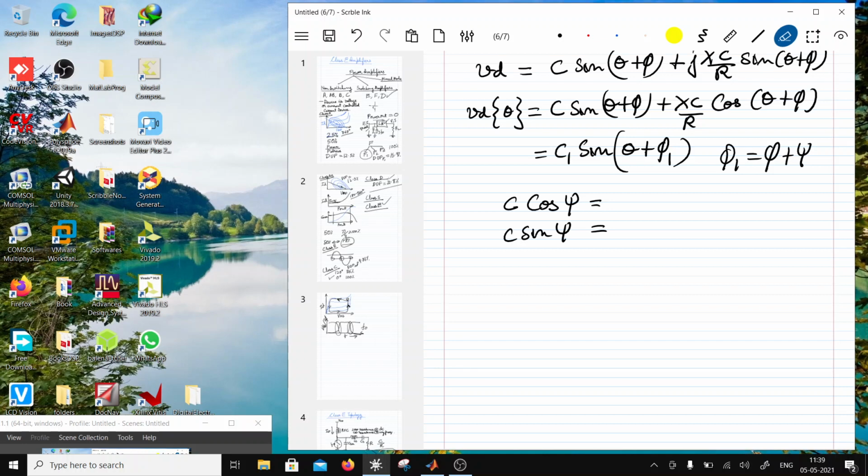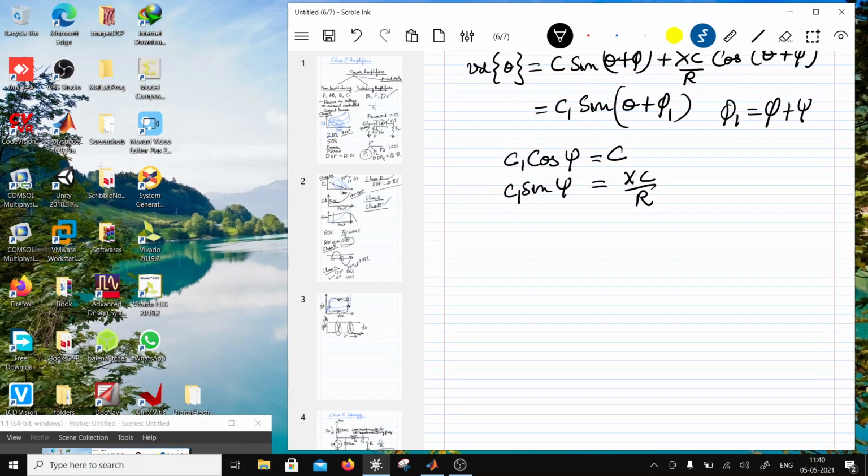Okay, let's write this as c1 sine of xi, so this will be xc by r. Correct? So I am replacing c with c1 cos of xi, and I am replacing xc by r with c1 sine of xi. So that would give me c1 cos of xi sine A cos B, and then c1 sine of xi cos of theta plus phi.